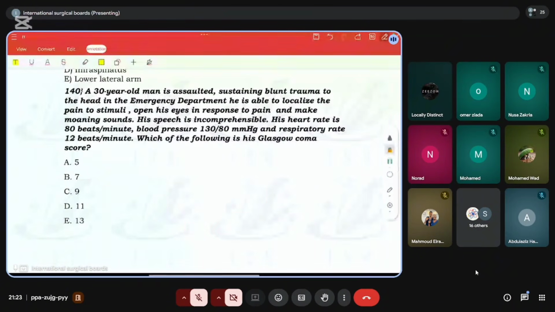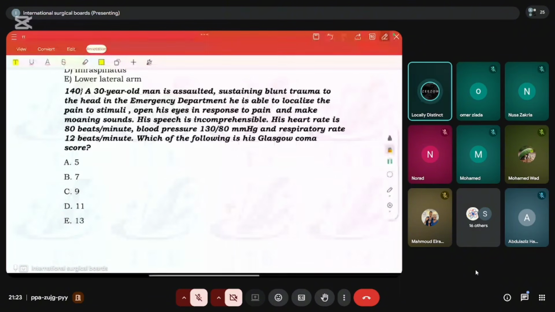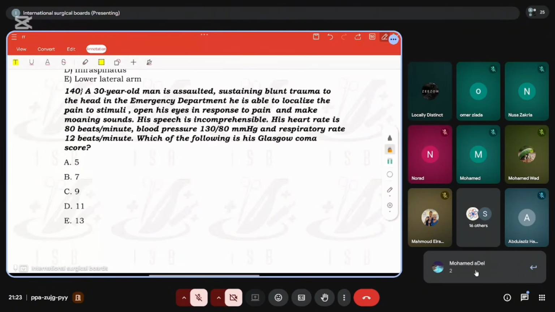Okay, so we don't disagree about eye and motor commands, but what about his vocal command, or V score? He makes moaning sounds and his speech is incomprehensible. Seems like 2, right? Okay. So when we score the Glasgow Coma score, when we give a score to each component, eye, motor and verbal, what do we base it on?